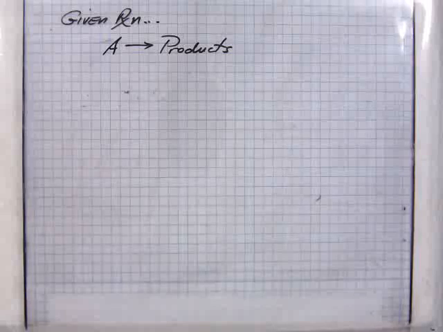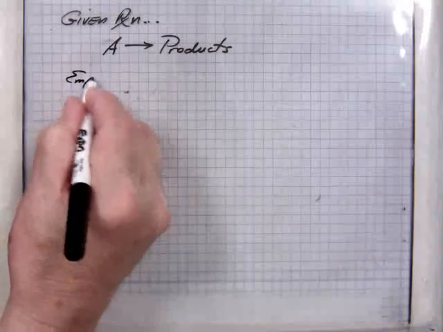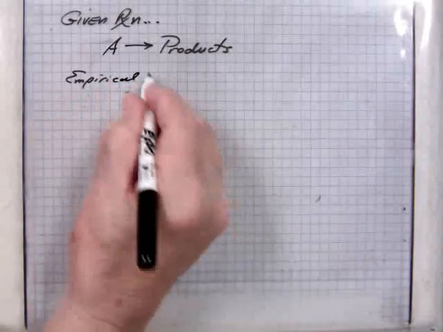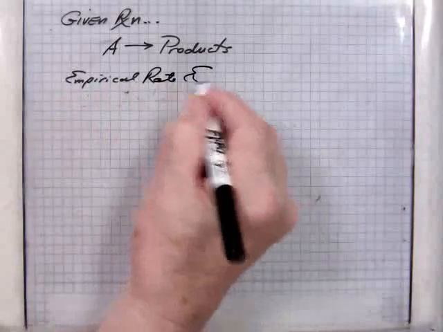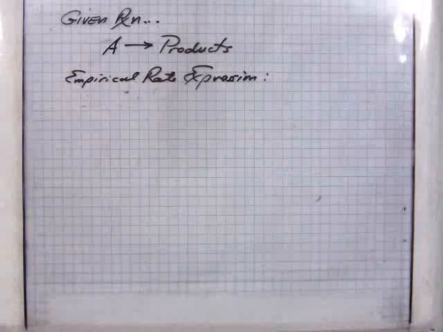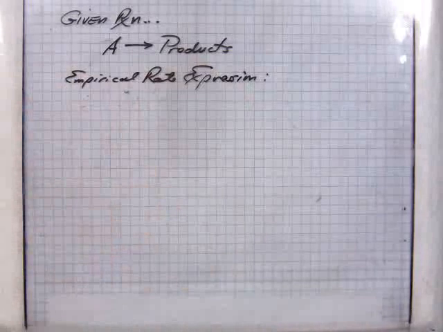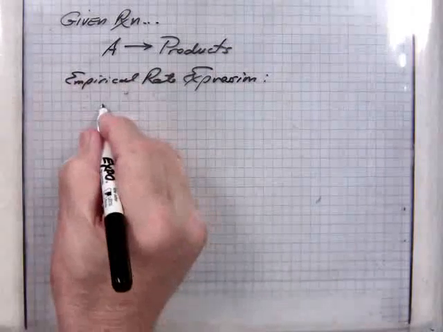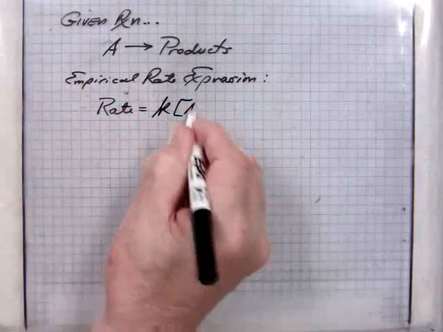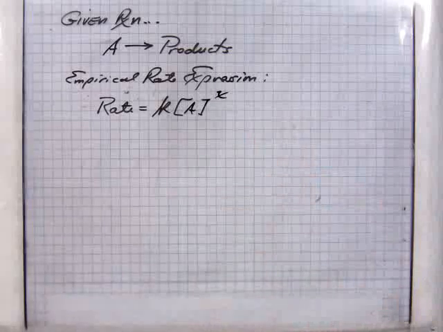First thing you do is write what we call the empirical rate expression. Writing the empirical rate expression for the reaction, again, is in terms of the reactant, so we simply write rate equals k times the concentration of A raised to the x power, since there's only one component on the reactant side.